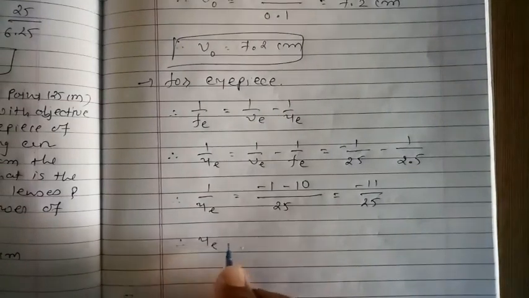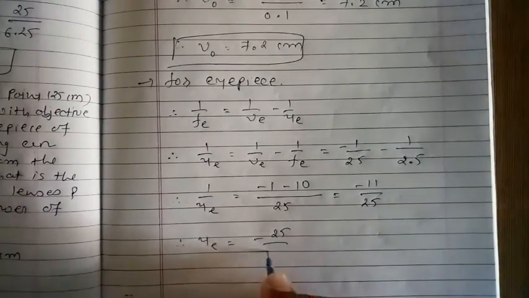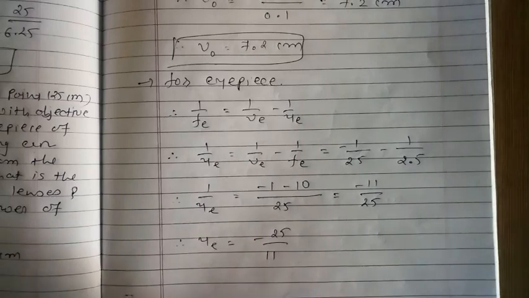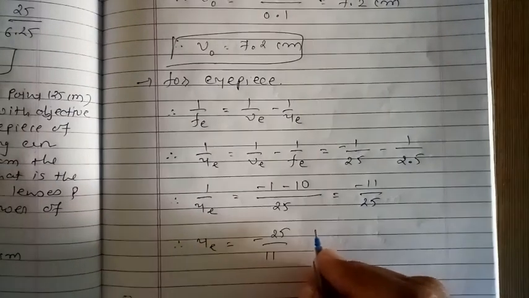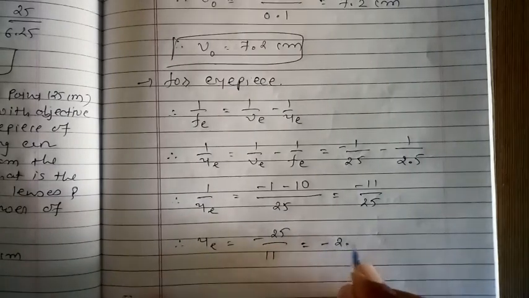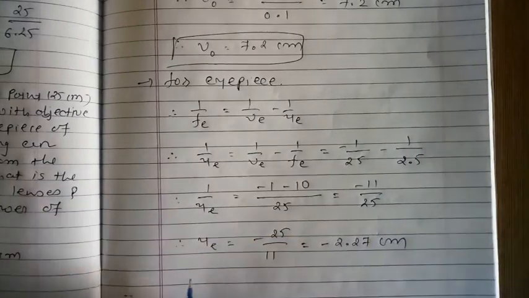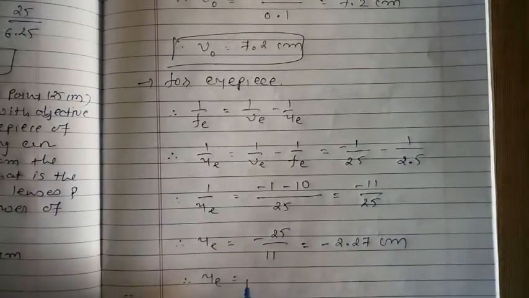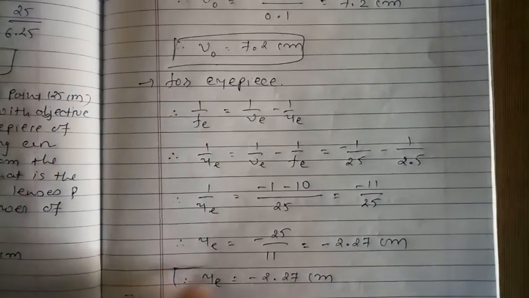So UE is equal to minus 25 upon 11, so minus 2.27 centimeter. So UE is equal to minus 2.27 centimeter.